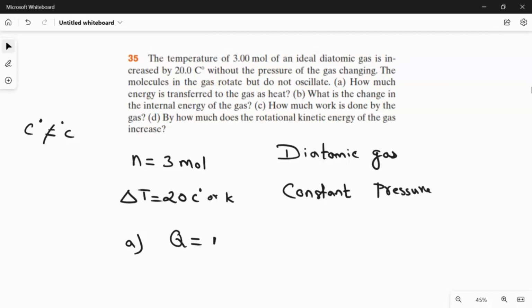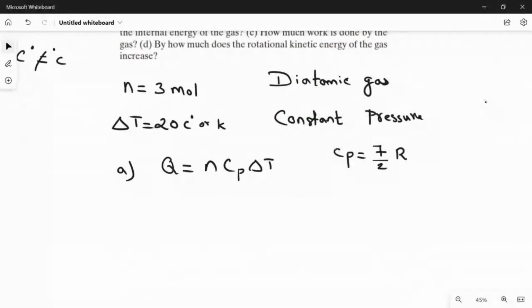Q is equal to n Cp delta T, where Cp for the diatomic gas takes the value of 7 over 2 times R. Substituting this, the equation becomes n multiplied by 7 over 2 times R multiplied by delta T. Now substituting the values: n is 3, multiplied by 7 times the gas constant 8.314 times delta T, which is 20, over 2.